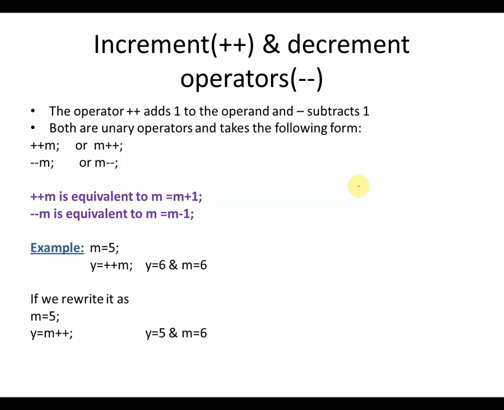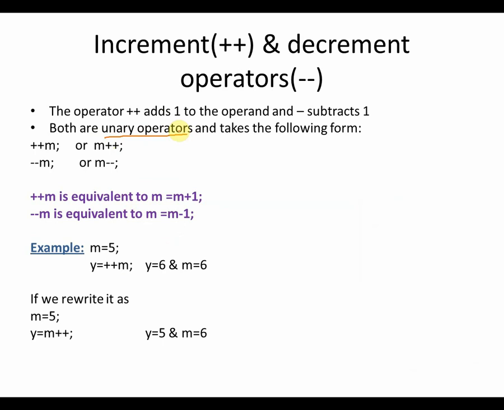Let's go on to the next class of operators, which are increment and decrement operators. These operators are called unary operators because they have an effect on only one operand.